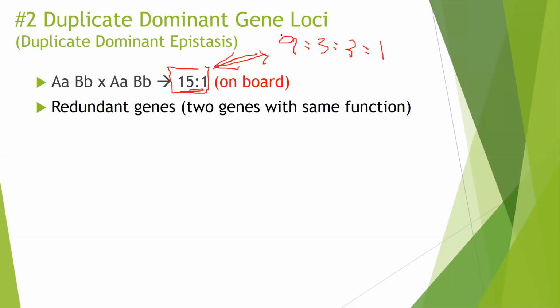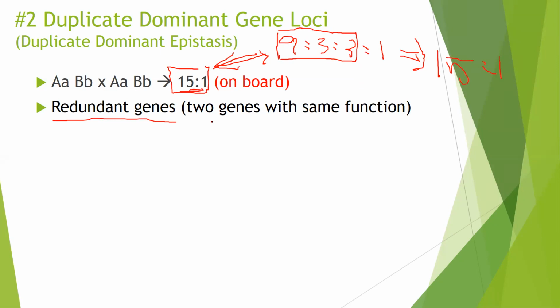Because if these three categories show the same phenotype, then we can group them together, and this will yield a 15:1 ratio.